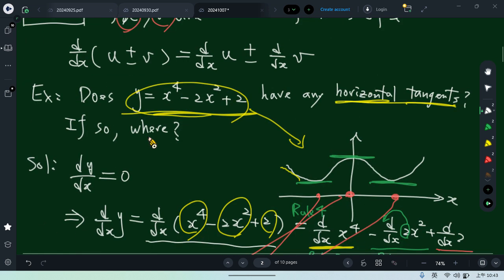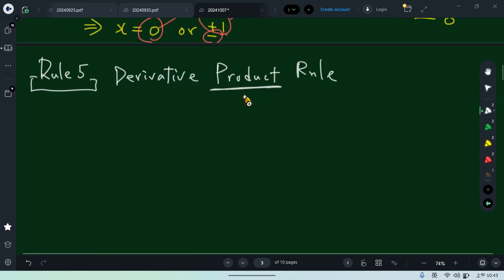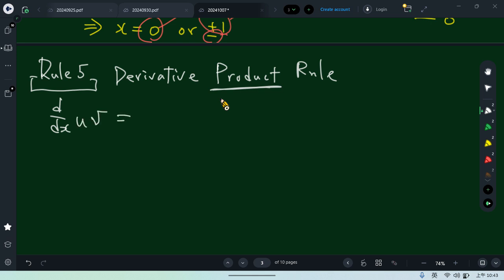We did not face the problem of the product, where two functions are multiplied together, and how to get its derivative. So here we just want to get it.